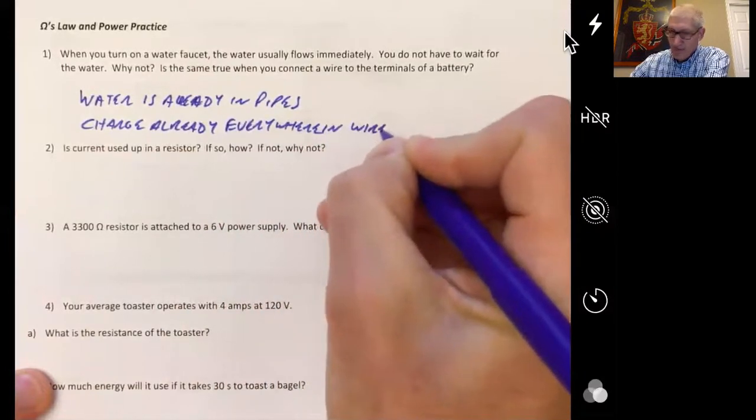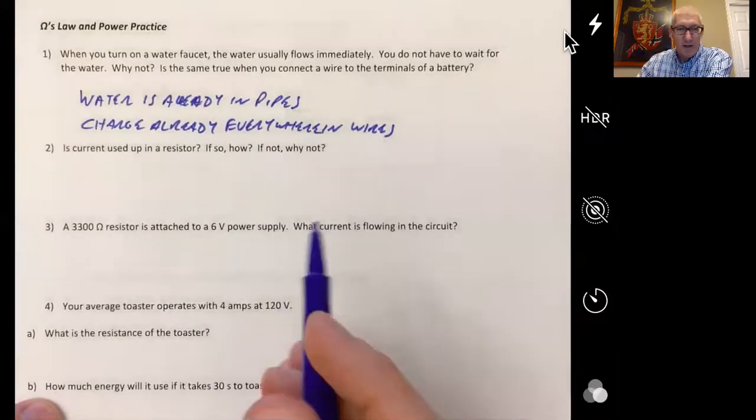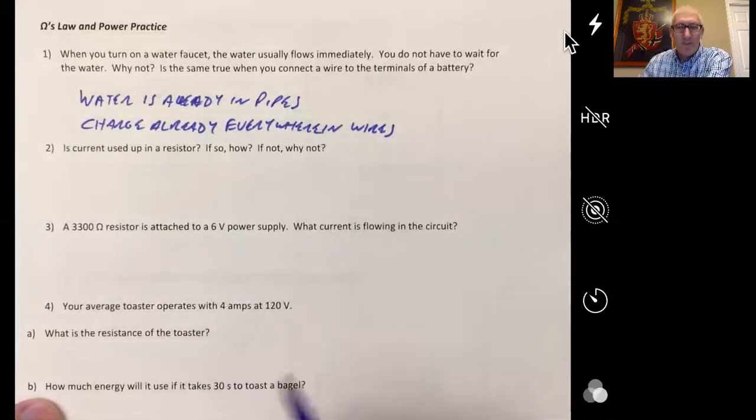What makes the charge move is the battery, the power supply, ultimately the voltage, the oomph, the push. So when you connect up the battery, you are pushing the charge that already exists. That's why you don't have to wait any length of time for the light bulb to light up. As soon as there's a complete conducting path between positive and negative end, charge begins to move.